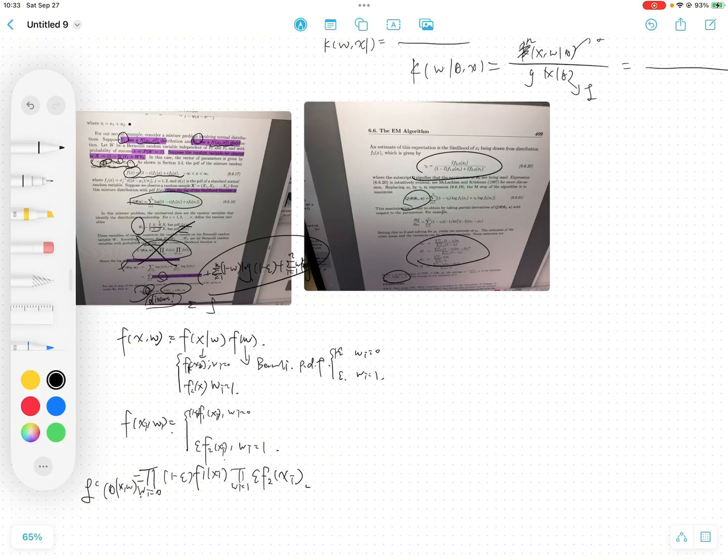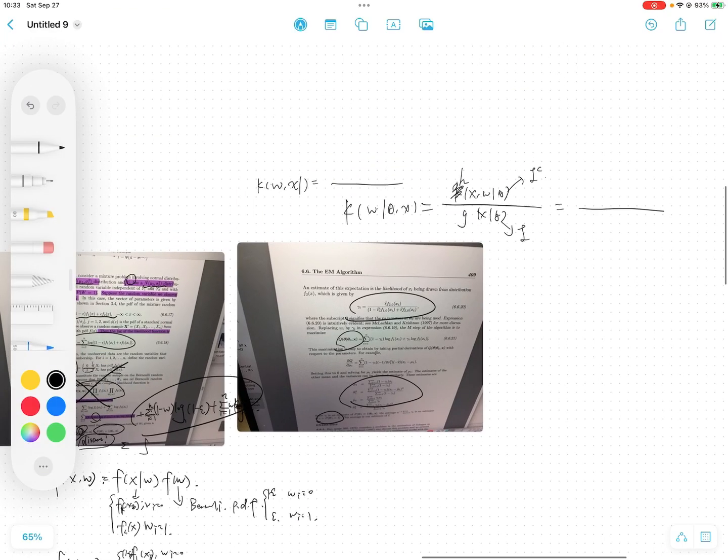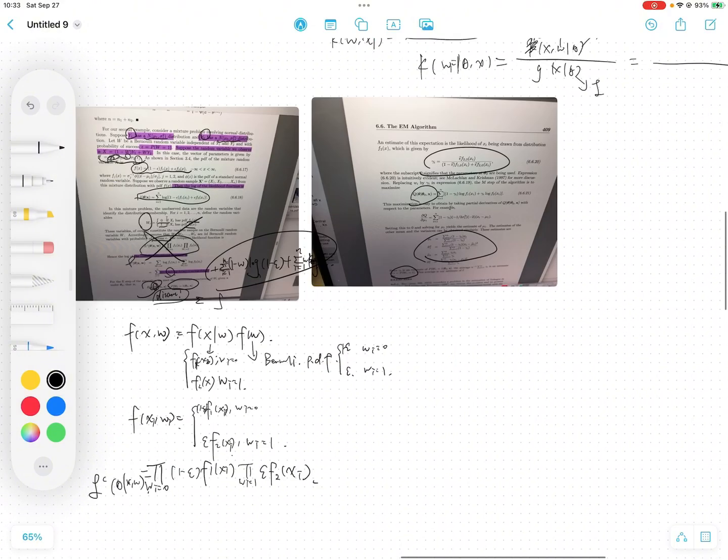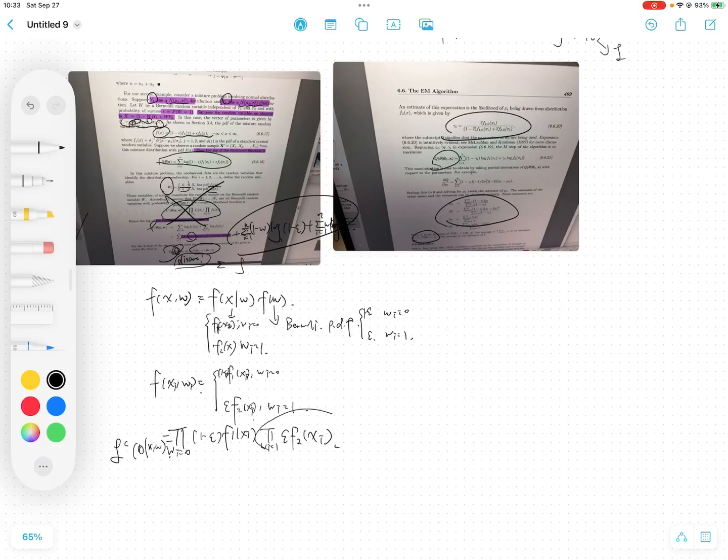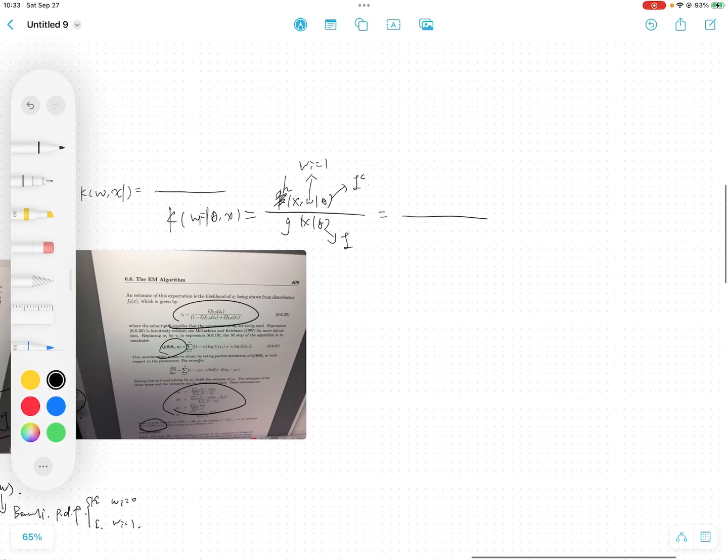But here we only care about wi equals 1, and here also wi equals 1.